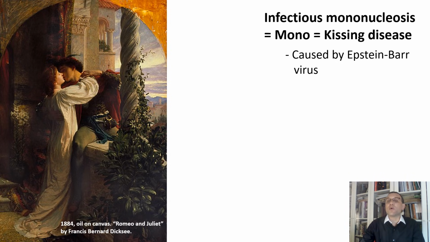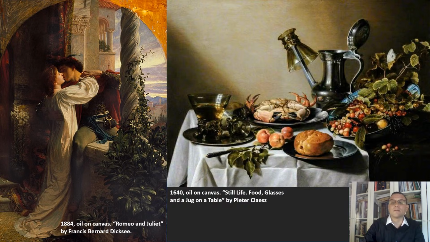The disease is primarily caused by the Epstein-Barr virus, which is spread through saliva. You can get it through kissing, but you can also be exposed by sharing a glass or food utensils with someone who has mono. Many people get it from restaurant drinking glasses that are poorly washed.